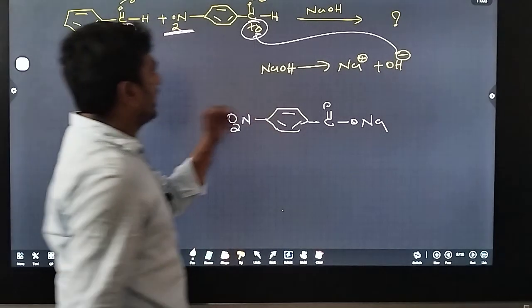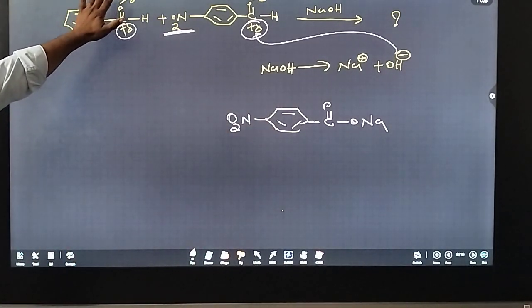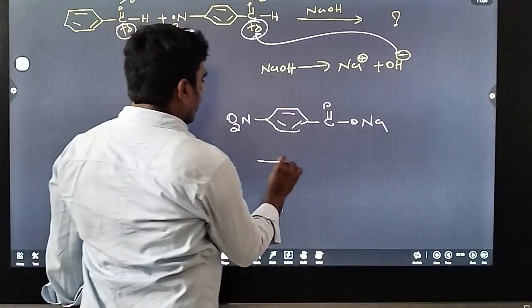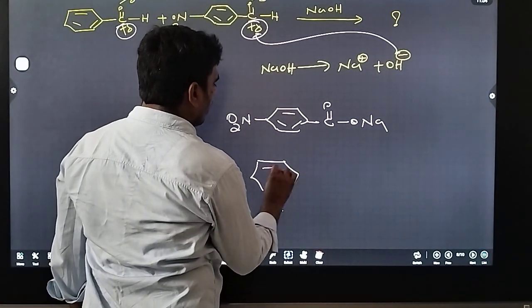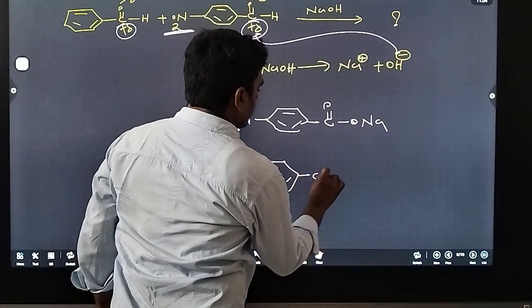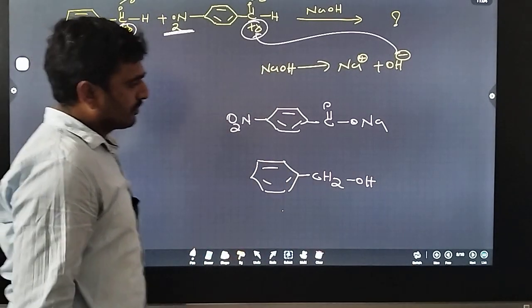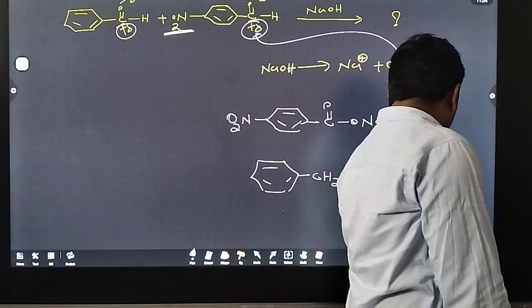This is the reduced product. The reduced product is an alcohol, that is the benzyl alcohol, which converts to CH2OH.